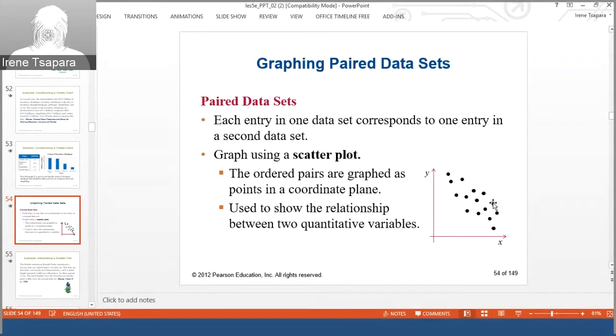Scatter plots. I'm sure that everybody has worked with scatter plots before. Scatter plots are great graphs as long as we know how to read them. One thing that I want to mention at this point is that we have hundreds of different graphs that we can work with. The whole point of a graph is to represent difficult information in a visual way.